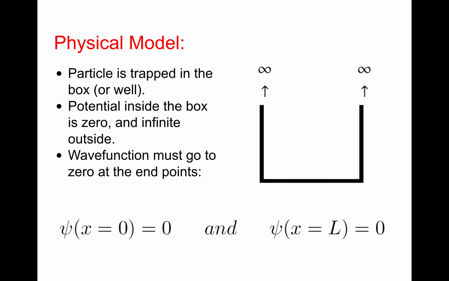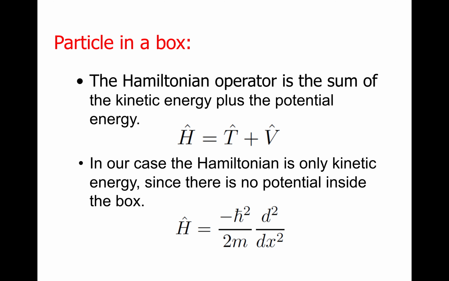All right, so we have this model. Now, let's consider the Hamiltonian. The Hamiltonian is an operator that is the sum of the potential energy operator and the kinetic energy operator. In our case, the Hamiltonian is only going to be kinetic energy, since there is no potential inside the box.